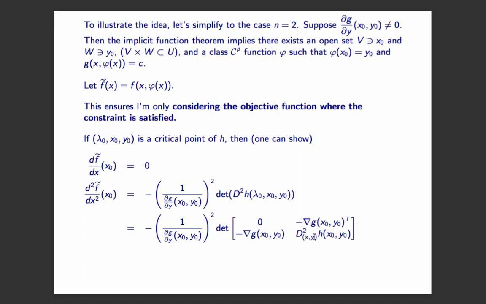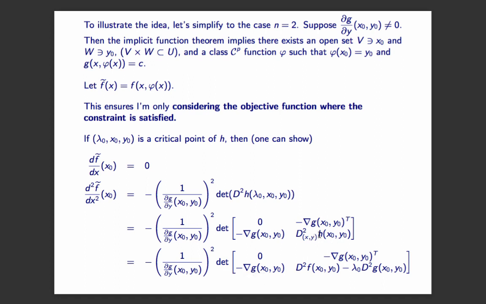And given the way h is defined, the Hessian of h is just the Hessian of f minus lambda times the Hessian of g. So this matrix here is called a bordered Hessian, because it's the Hessian with respect to x and y of h, bordered on the top and the left by the gradient of my constraint.